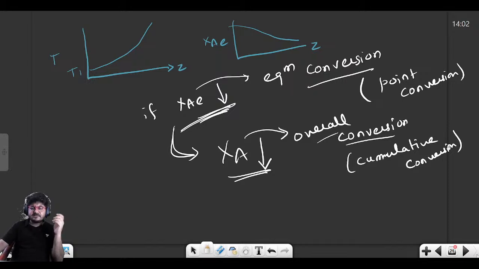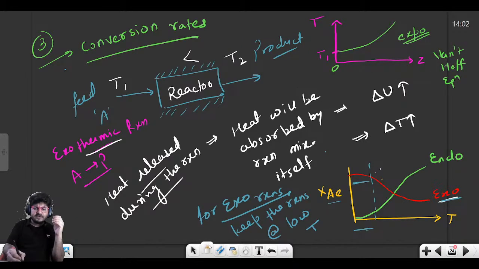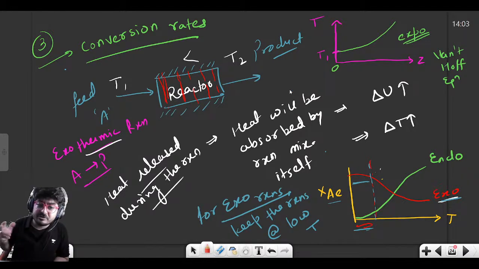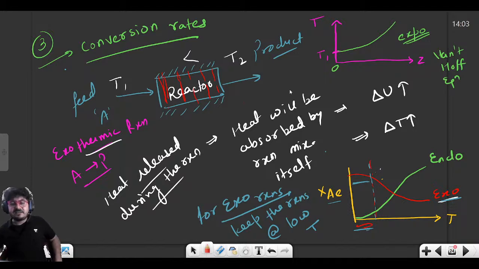So you can understand it like this. Inside the reactor, at the inlet the temperature is lowest in this arrangement. As per the graph, for an exothermic reaction at lower temperature, conversion will be maximum. At this point, temperature increases, so equilibrium conversion will be less. Equilibrium conversion means the number of moles participating in the reaction. Here it will be more, then less, more, less, like this. So they are decreasing basically. The number of molecules participating in the reaction is decreasing along the length.